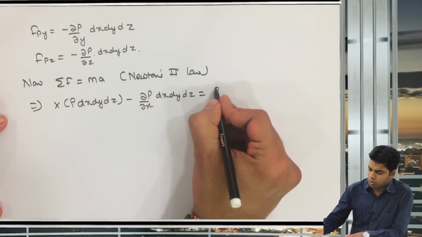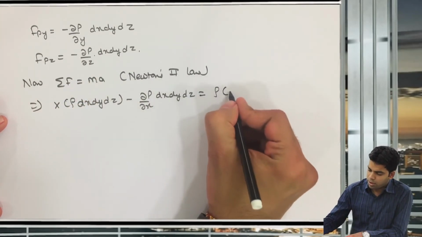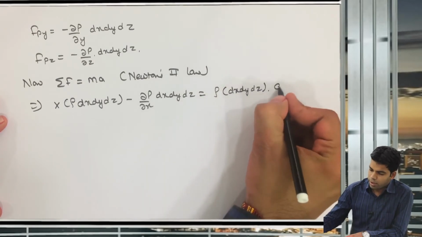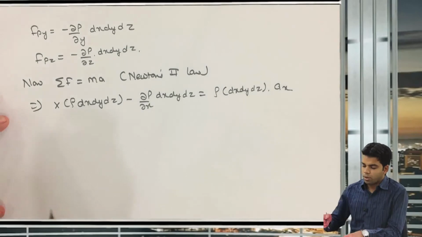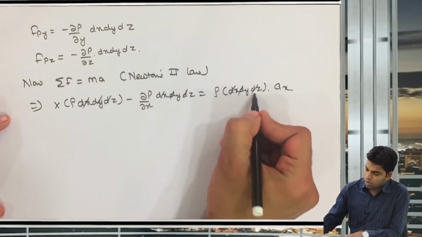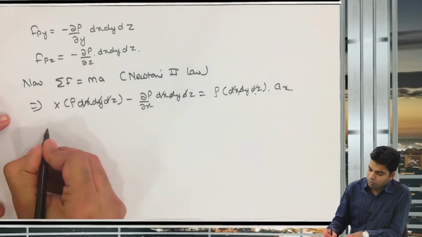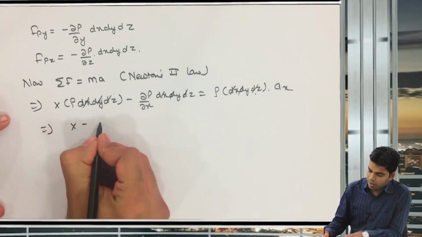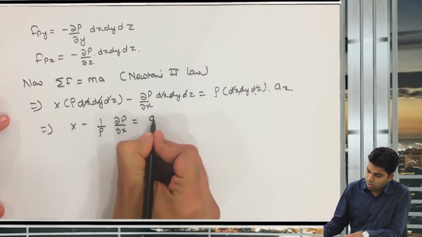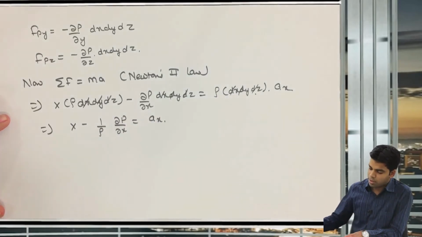Mass is volume into density, rho dx dy dz, into ax. Now dx dy dz gets cancelled out, and if we divide by rho we get X minus 1 by rho del P by del x is equal to ax.